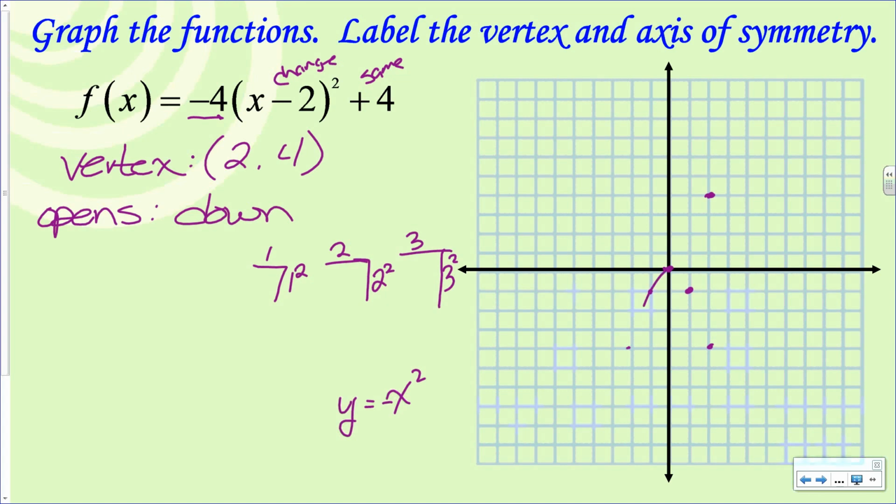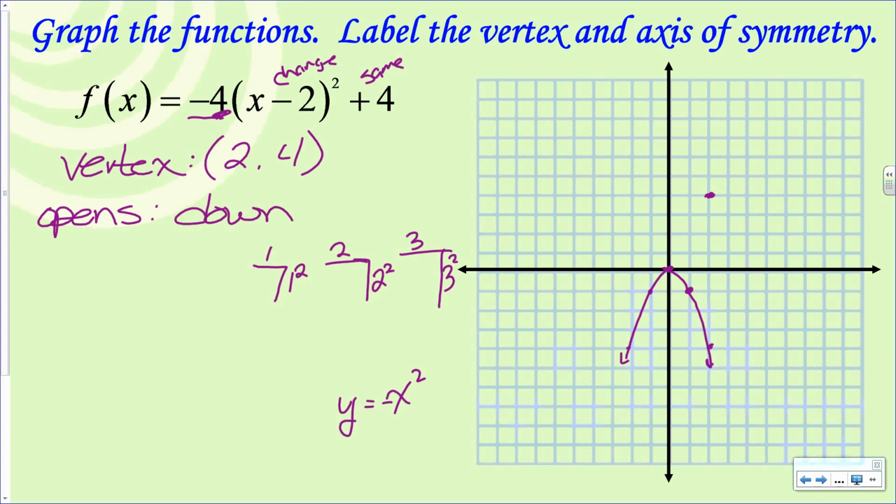And so this is my normal parabola. Okay? This is not quite normal because of why? It has a 4 in front of it. So what you have to do is take these numbers on the downward and multiply by 4. That's all.